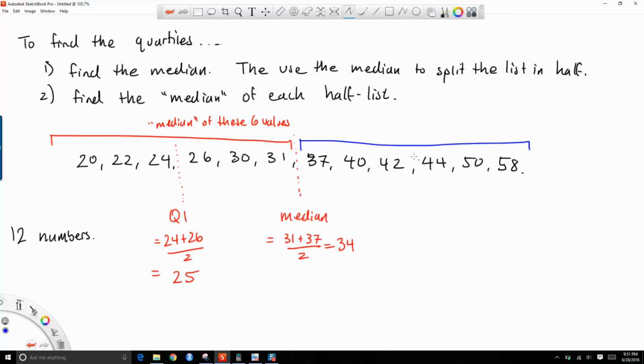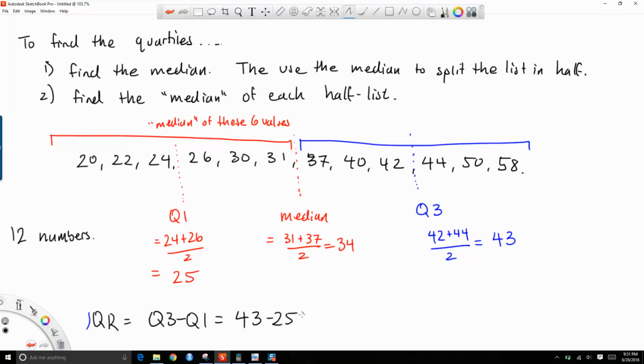And over here I'm going to find the median of these 6 numbers, and this is Q3. So that would be 42 plus 44 divided by 2, and I would get 43. So Q1 is 25, Q3 is 43. My IQR is Q3 minus Q1, 43 minus 25. I have an IQR of 18.